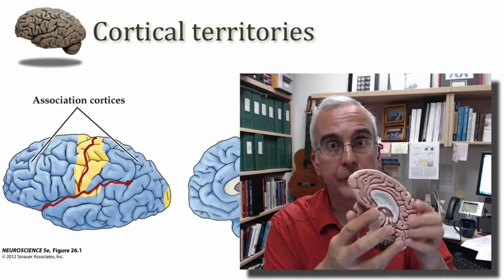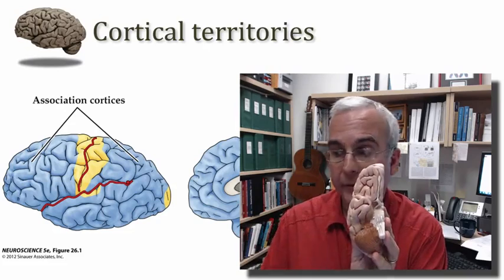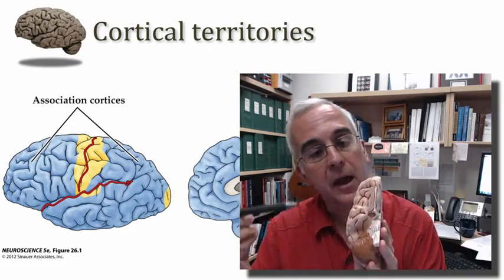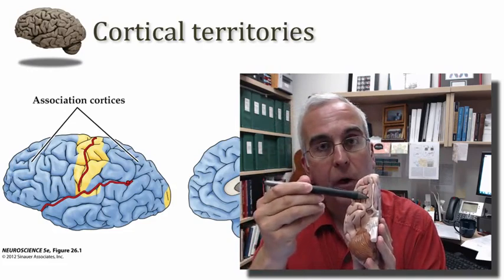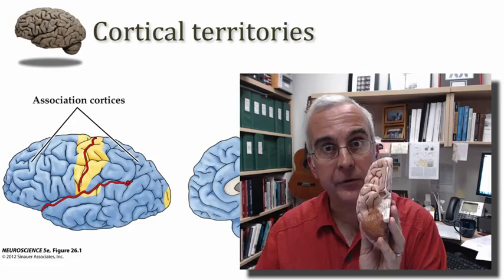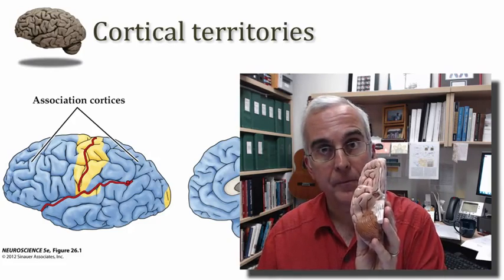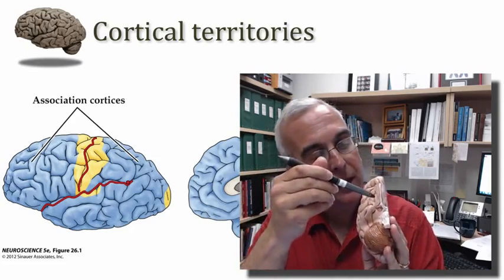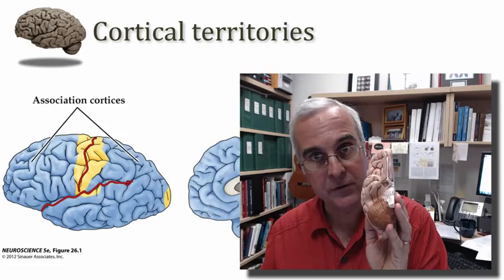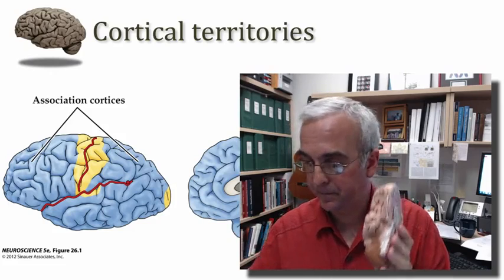We also, of course, include the orbital surface of the brain, and our orbital cortex is part of our prefrontal associational network of the frontal lobe, all the way back to where the cortex of the frontal lobe gives way to the basal forebrain region and the hypothalamus.